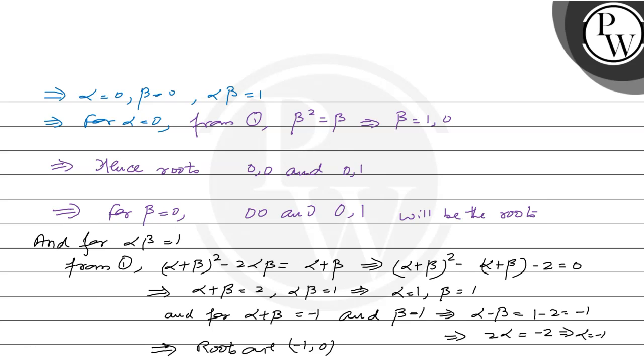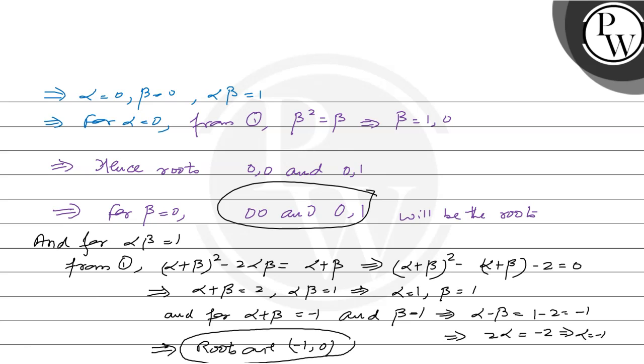So how many sets are we getting now? The first set of roots are these, and the second set of roots are minus 1, 0.